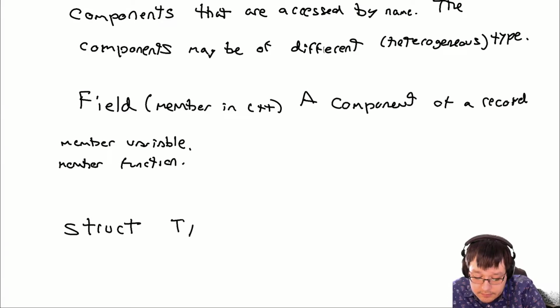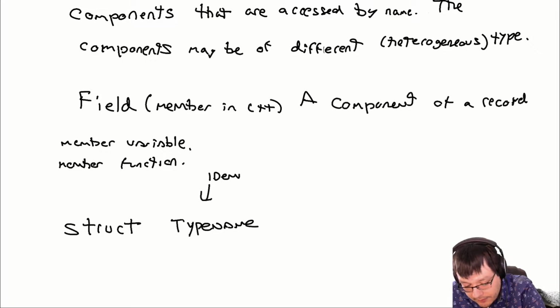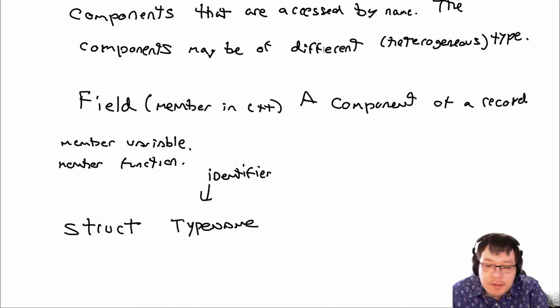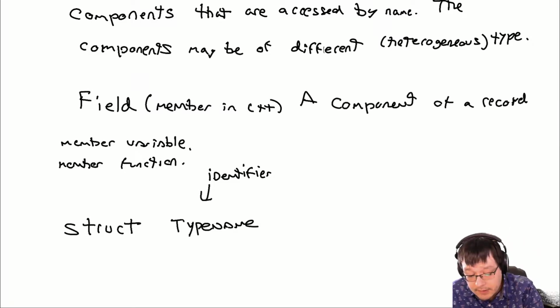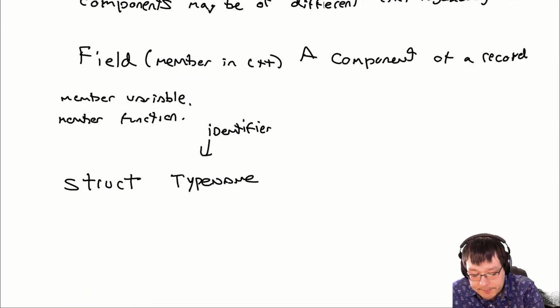So I'm going to put the word type name, but really this is just an identifier. And by that, of course, you still have to follow your C++ rules, which are no numbers in the beginning, only A through Z, upper or lowercase, or underscores are fine. And then for the second character or later, yes, you can have A through Z and underscore, and also you could have numbers. So yes, the same rules apply.